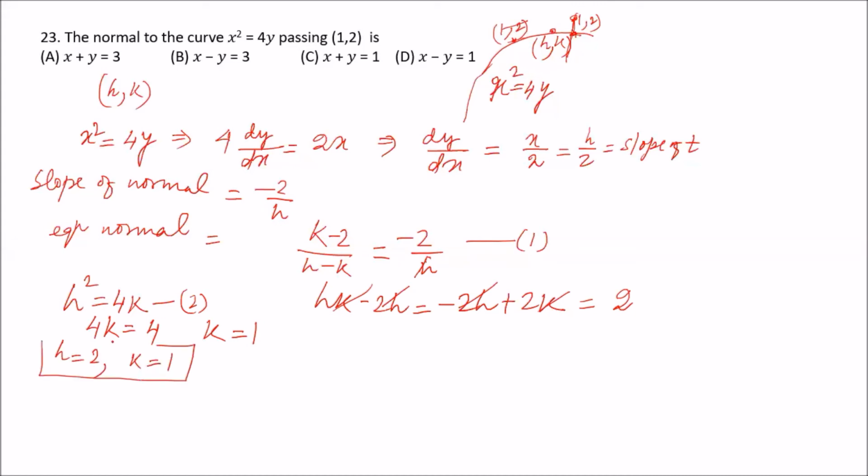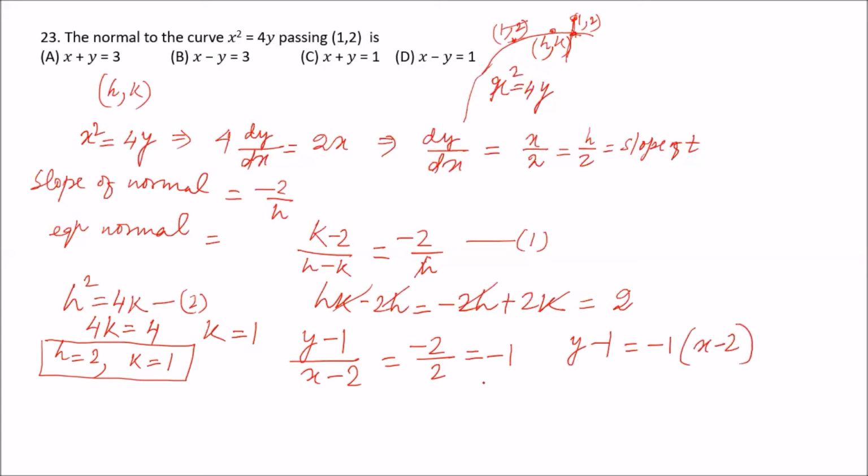Now I'll write the equation. What is the equation? Equation is (y minus 1) upon (x minus 2) is equal to how much? Minus 2 by 2. That will be minus 1. So what is the equation? y minus 1 is equal to minus 1 into (x minus 2).